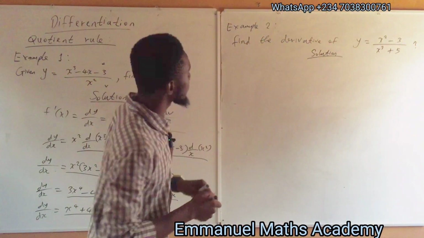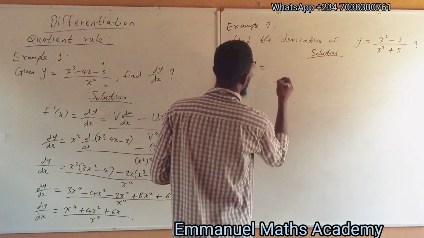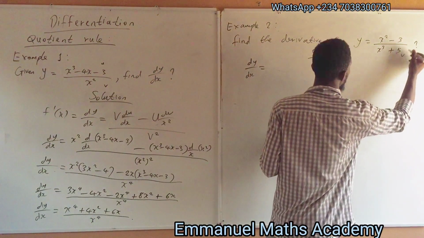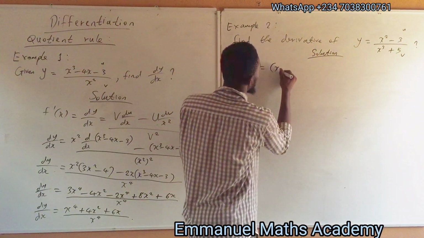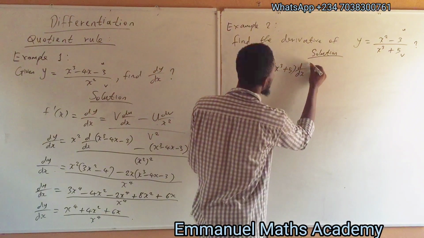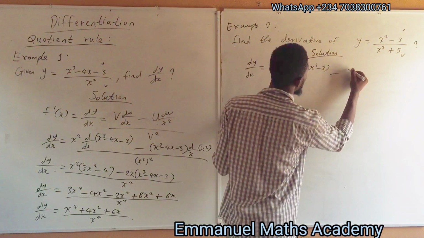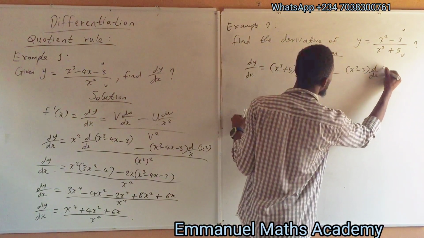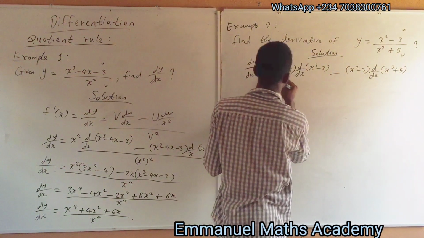Solution. Then your dy dx is what? You keep v, right? What's our v here? Our v is the denominator, our u is the numerator, right? You keep v, you differentiate u with respect to x. Then you keep u, then differentiate v with respect to x. Right?